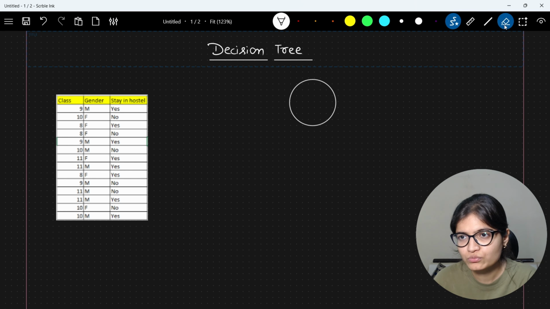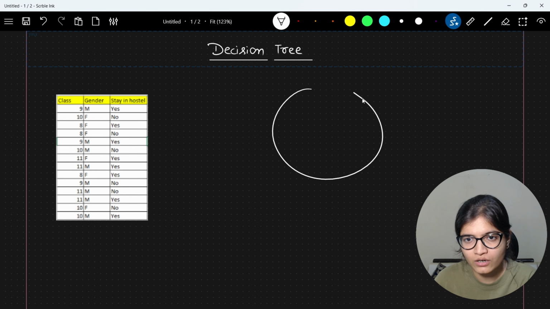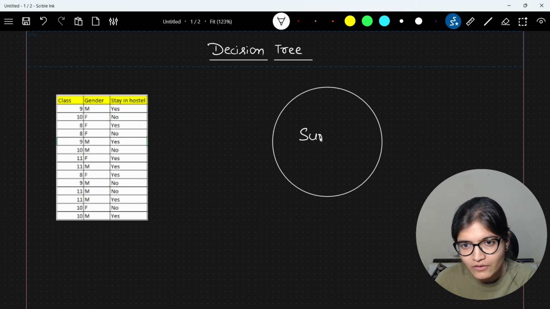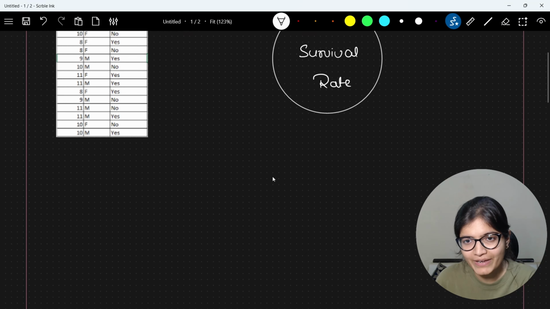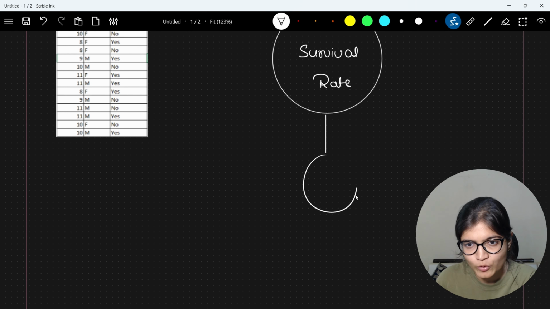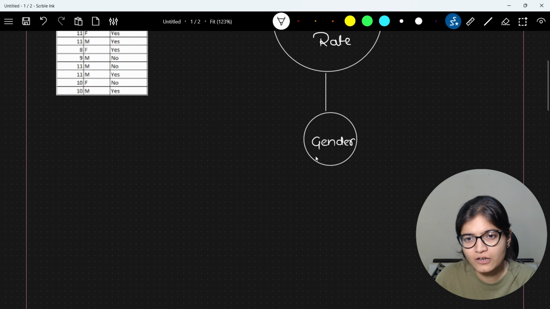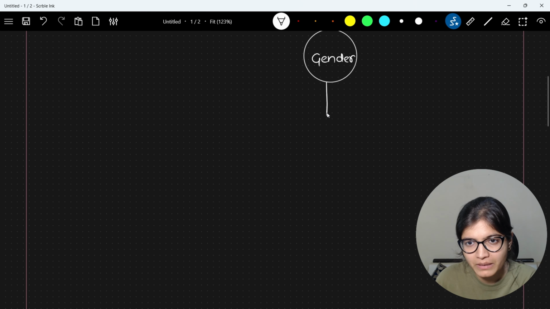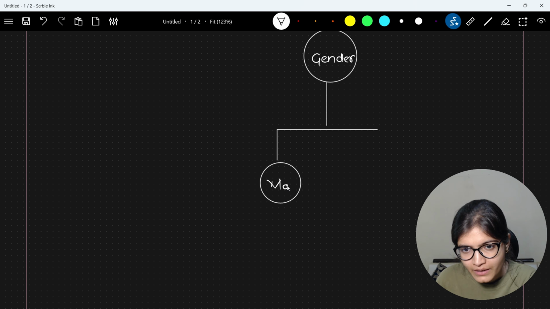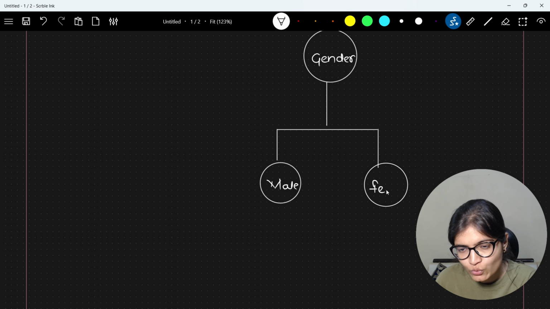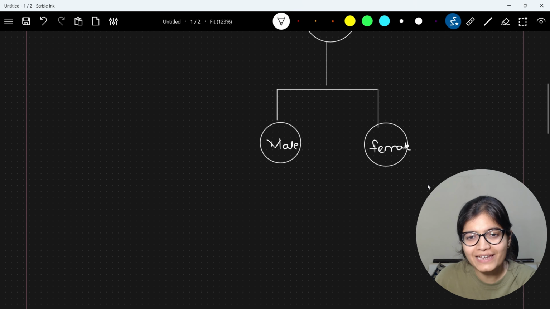So in order to check the survival rate, we will have a feature known as gender, which is an important parameter. In gender, we have two categories, maybe one is male, one is female.